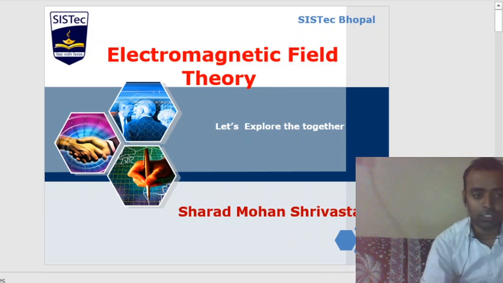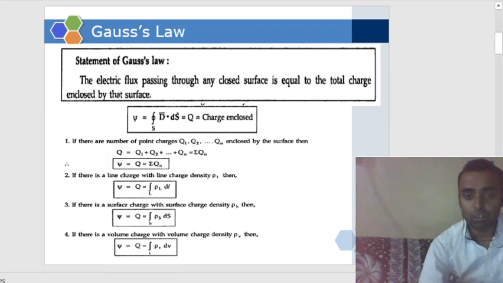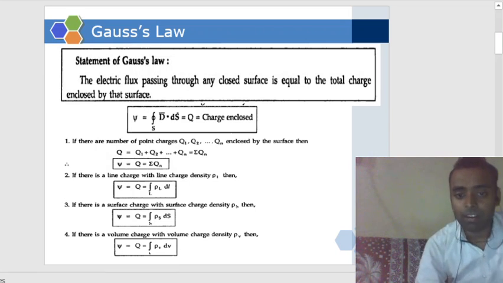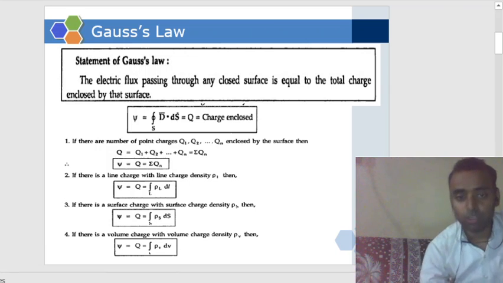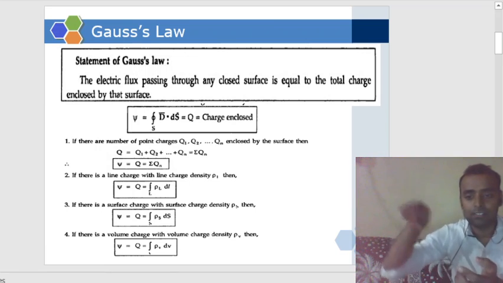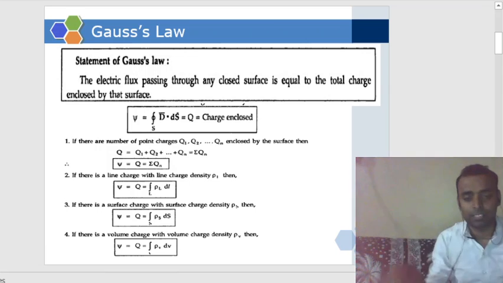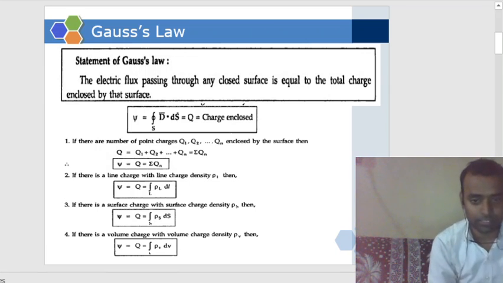Back to our lecture. What we had discussed in Gauss law: Gauss law states that the electric flux passing through any closed surface is equal to the total charge enclosed by that surface, as I have mentioned in the slide here. So we had a closed surface, and the total flux coming out from that surface is equal to whatever charge that surface had.